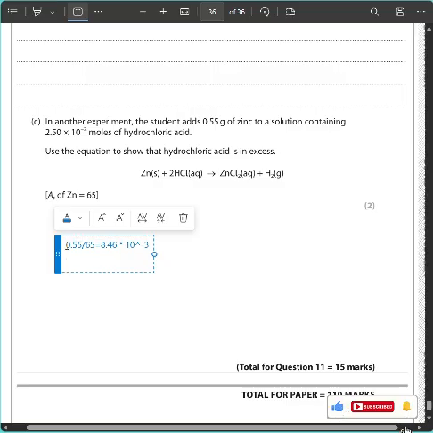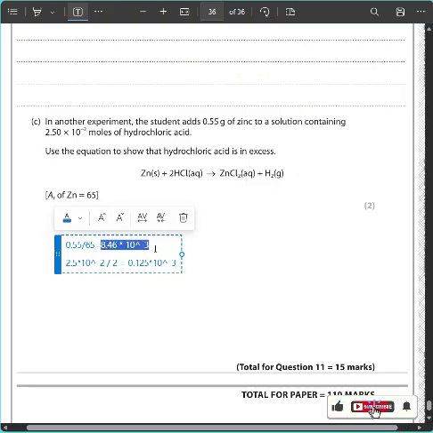And we will divide 2.5 multiplied by 10 to the power of minus 2 by 2. Okay, I should calculate it now. 2.5 multiplied by 10 to the power of minus 2 divided by 2. The answer will be 0.125 multiplied by 10 to the power of minus 3.